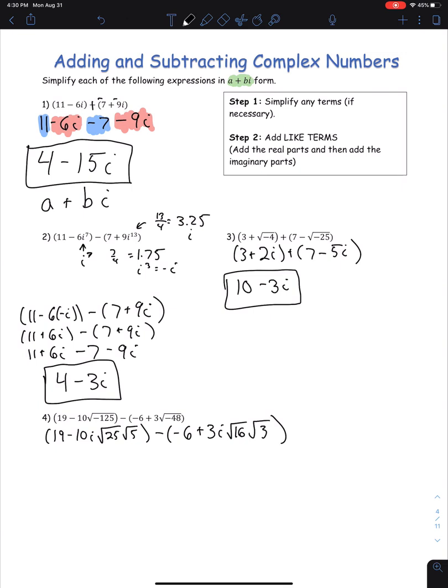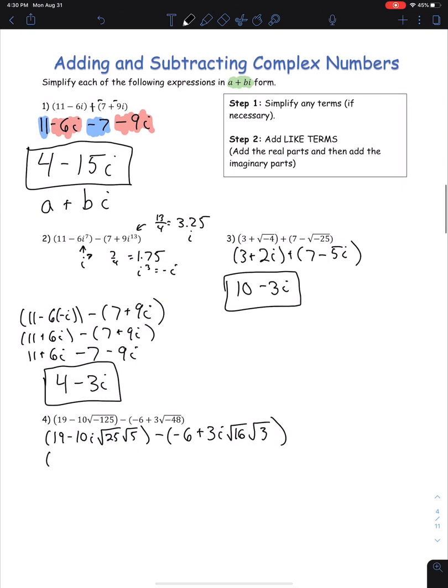So from here, let's continue to simplify. That will be 19 minus 10i times 5 radical 5, minus negative 6 plus 3i times 4 radical 3. Let's write those imaginary parts a little bit nicer.